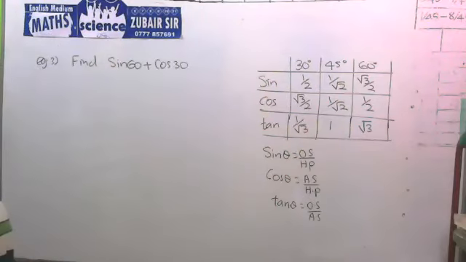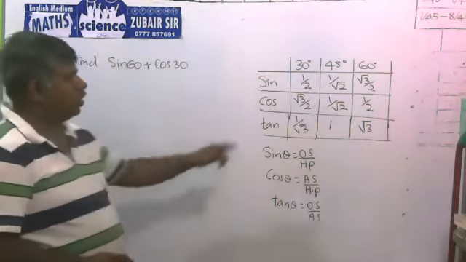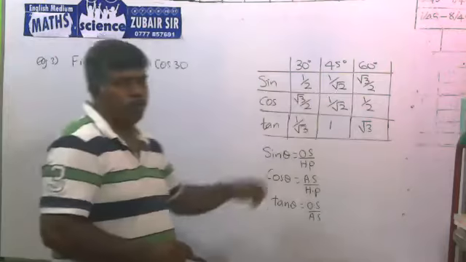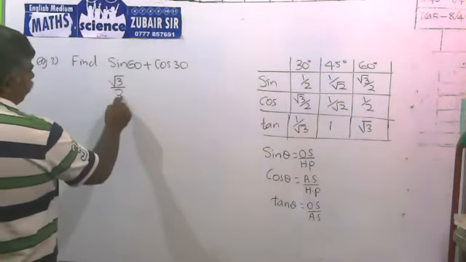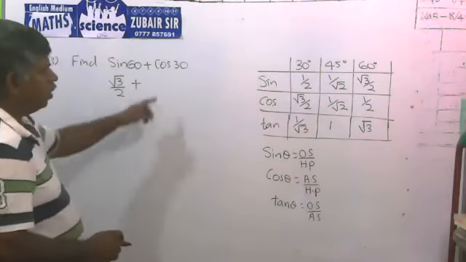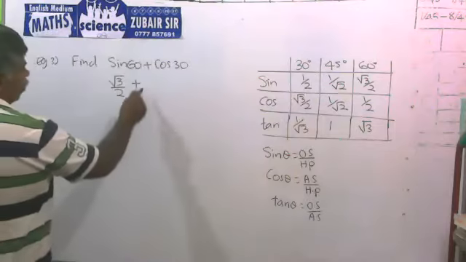What is sine 60 plus cos 30? Then you have to apply the value. What is sine 60? Sine 60 is root 3 over 2. Plus what is cos 30? Cos 30, that is also root 3 over 2.